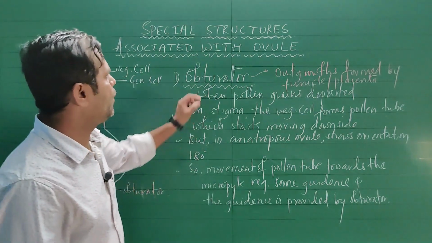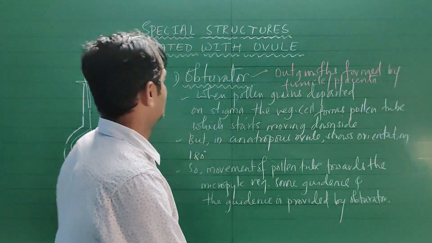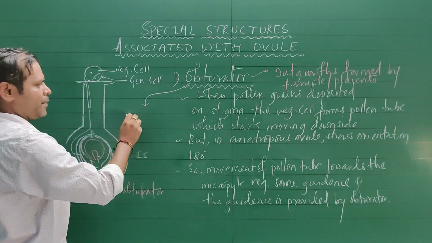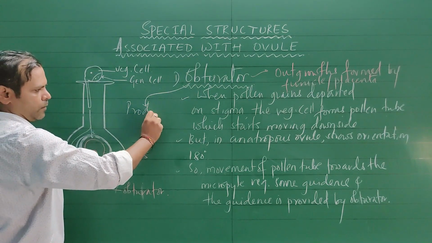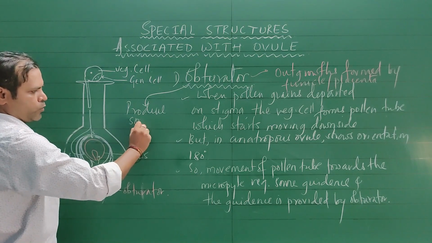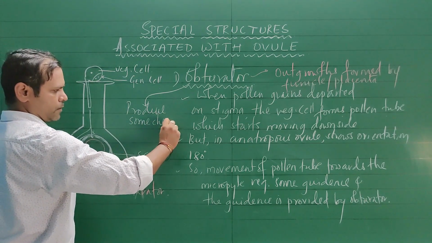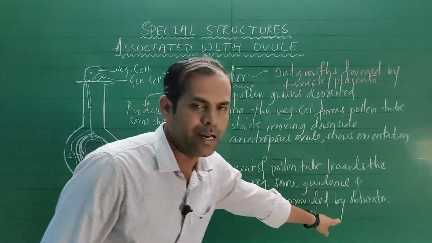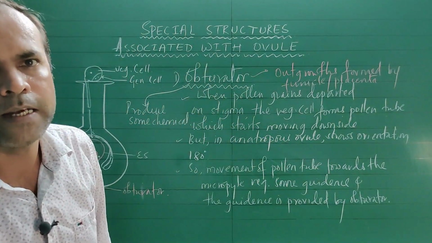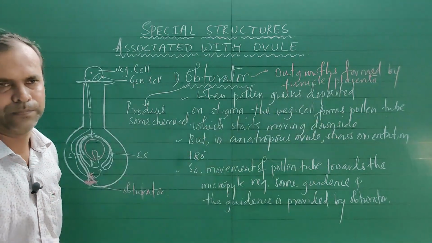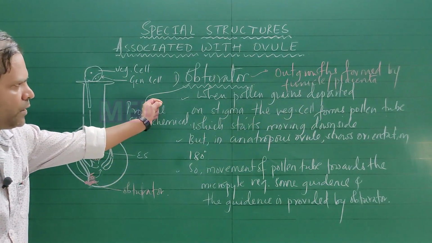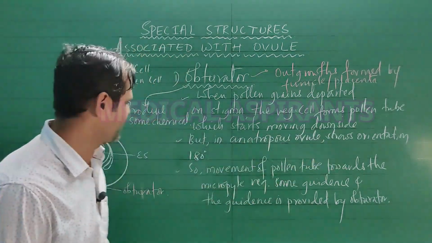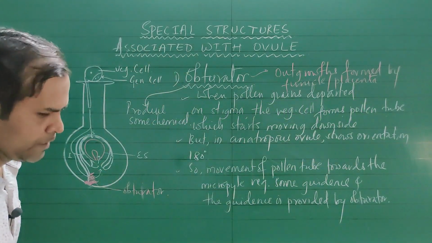Now you can ask me, sir, how does it provide guidance? This obturator produces some chemicals, and this chemical shows guidance. Therefore, I can say it is a chemical guidance. So the first function of the obturator is providing guidance to the pollen tube towards the micropyle.